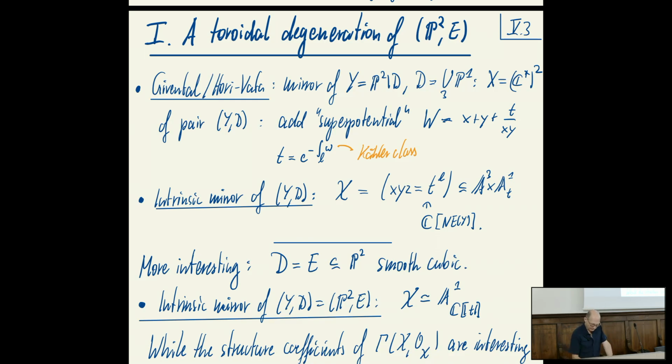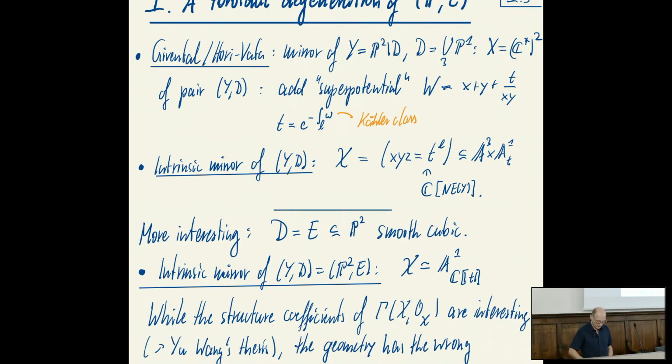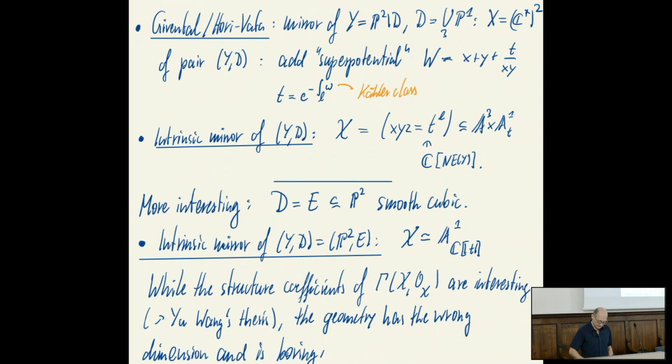And it also comes with some W, a natural function that comes up here, which I didn't write. But you see, if you take t nonzero, you can eliminate one of the variables, and you just get a C star squared. So it's the same family. So maybe that's a little boring. It has been done a lot.